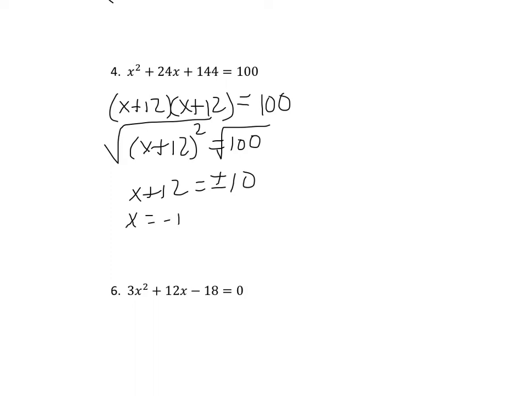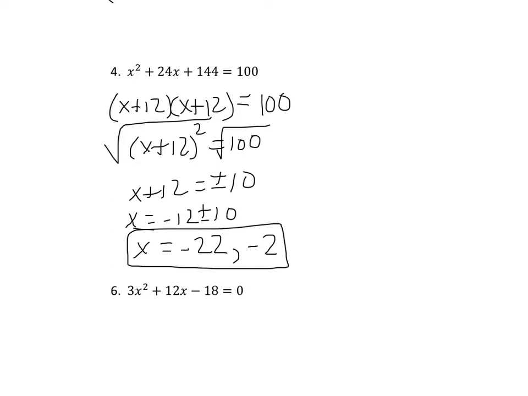So x equals negative 12 plus or minus 10. So x equals negative 12 minus 10, which is negative 22, and negative 12 plus 10, negative 2. So we're solving by taking square roots again. Let's take a look at another.